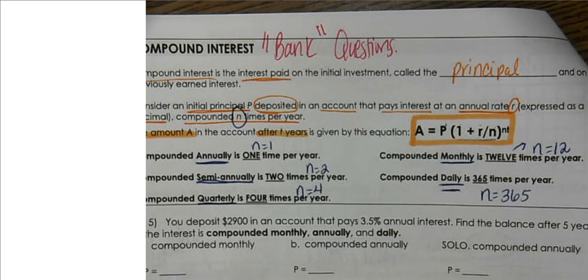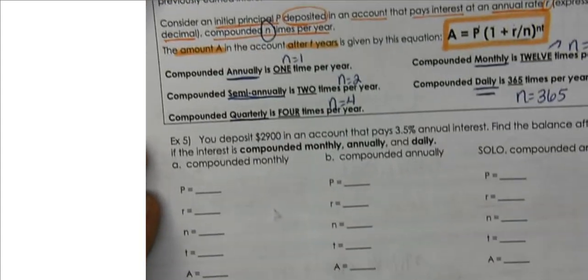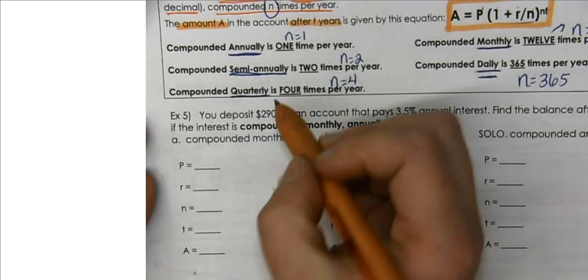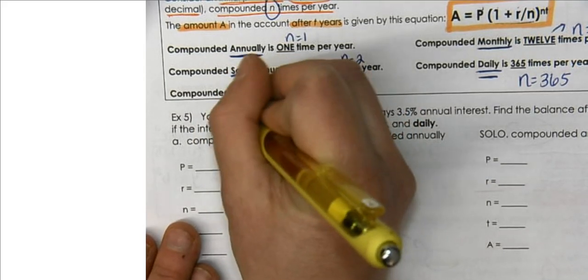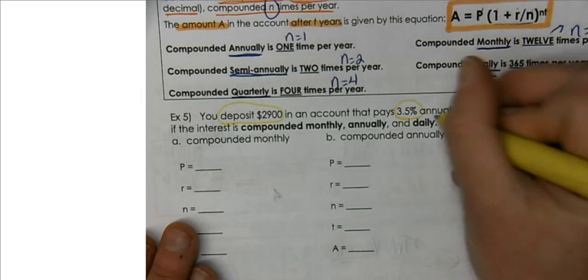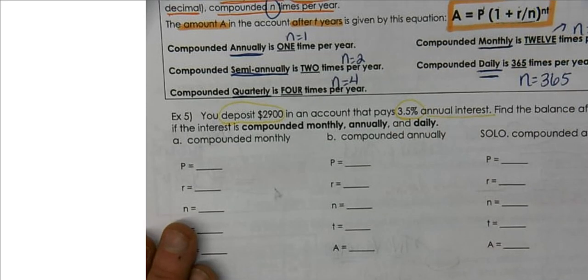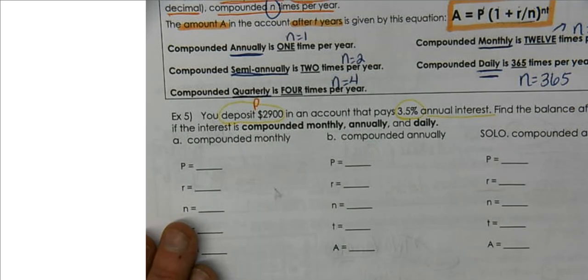So in example number 5, it says you deposit $2,900 in an account that pays 3.5% annual interest. So what we know so far is we know that our principal and how much we're investing is $2,900.